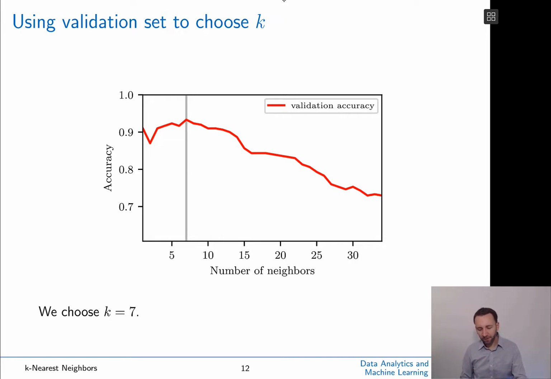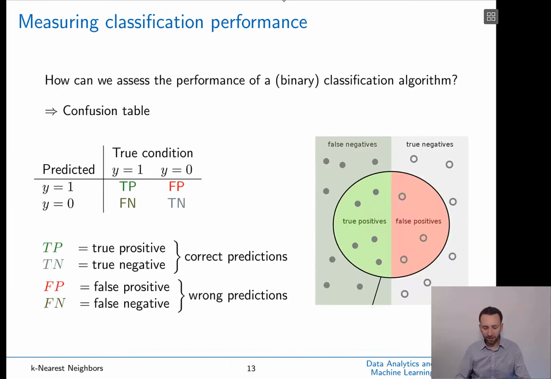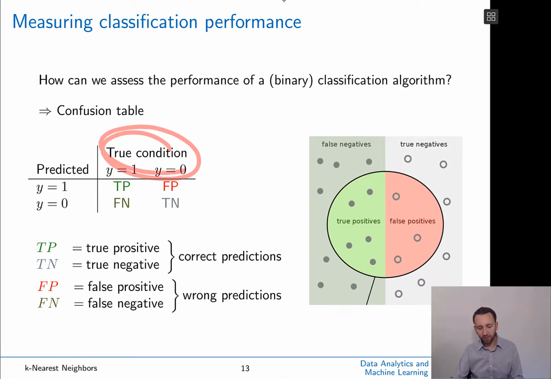So for these instances we have the label, which is this true condition, which could be class 1 or class 0. On the other side, we have the predicted label, which could again be class 1 or class 0. We can predict it correctly, or we can also predict it incorrectly.